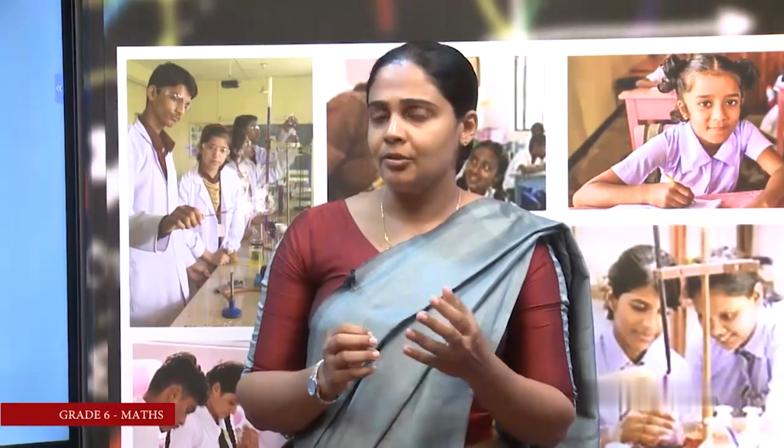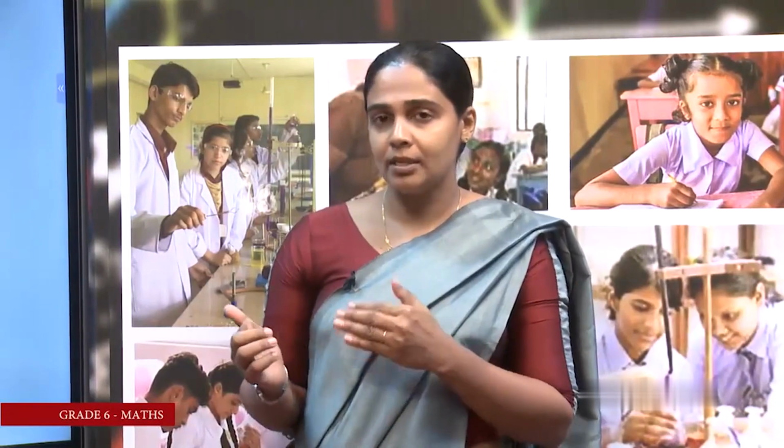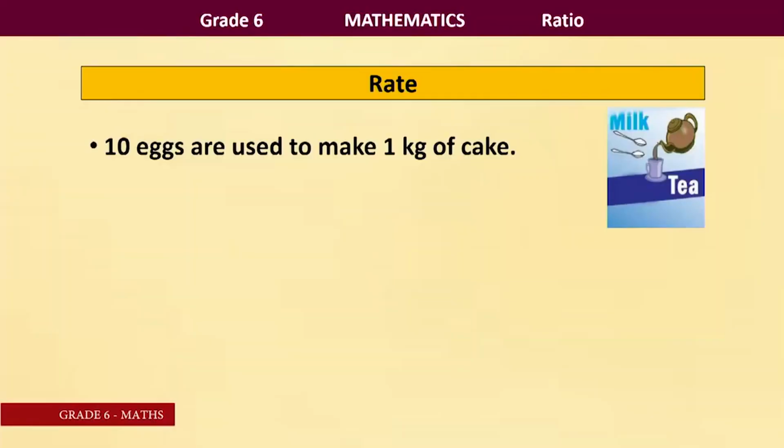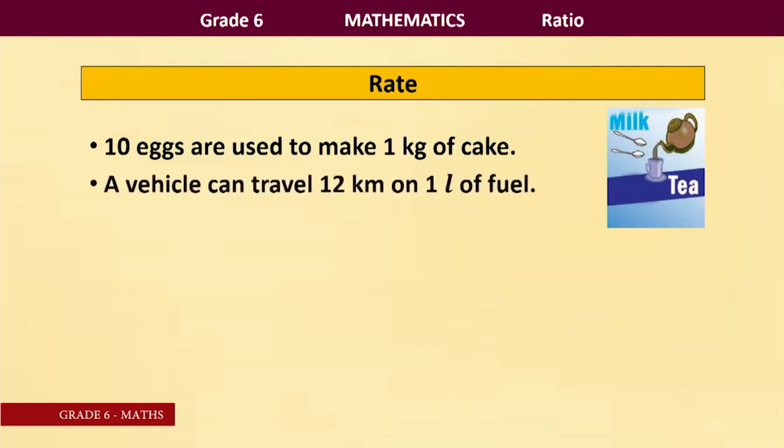Can you convert them into grams, kilograms? No, we can't. Here, 1 kilogram of cake. Can you convert it into a number of eggs? No, we can't. So, these values are not represented in the same unit. Now, let's go to another statement.